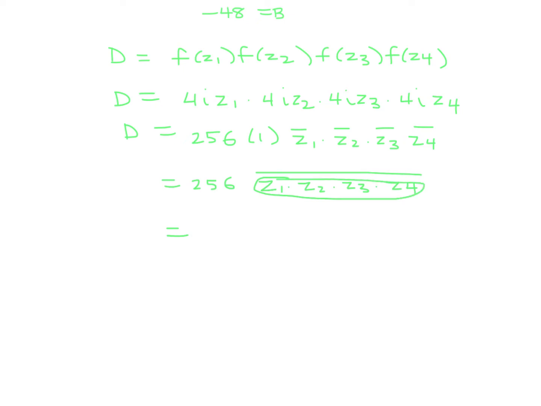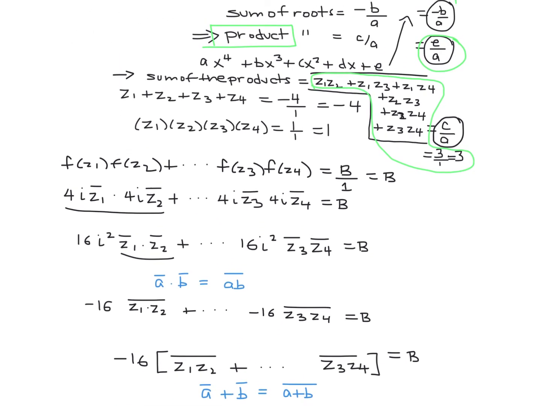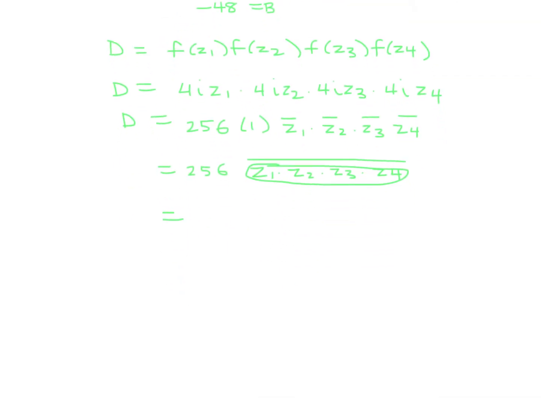z1 times z2 times z3 times z4, I think we did right here. See this guy? Oh, no, sorry, this guy. That's just 1, so that's good. But I'm not going to put 1, I'm going to put the conjugate. I'm going to put it in complex form, so 1 plus 0i, because I have to take the conjugate of that. Well, the conjugate of 1 plus 0i is 1 minus 0i.